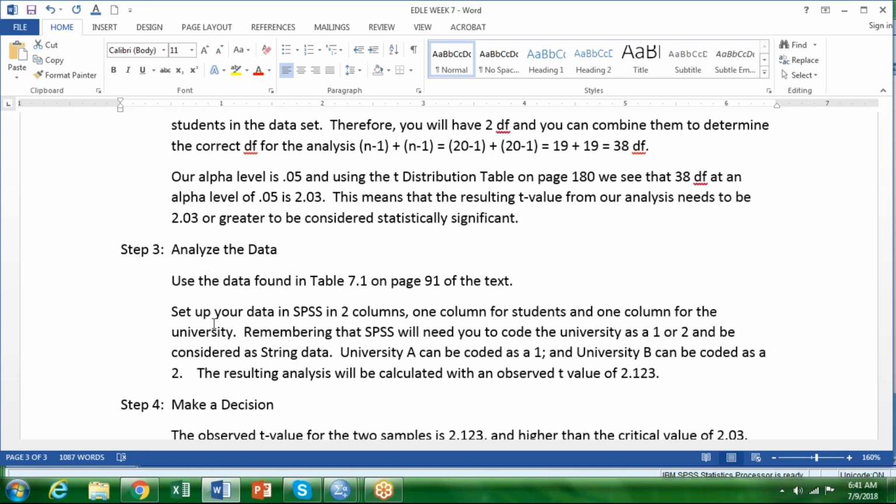I changed the A to 1, I coded it as 1, and I changed the B to 2. But also, when I set this up, I'll show you how to do that in just a minute. I coded that as string data, because it's certainly not a scale, and it's not really numerical data. It's really just acknowledging that this is one university and this is another.